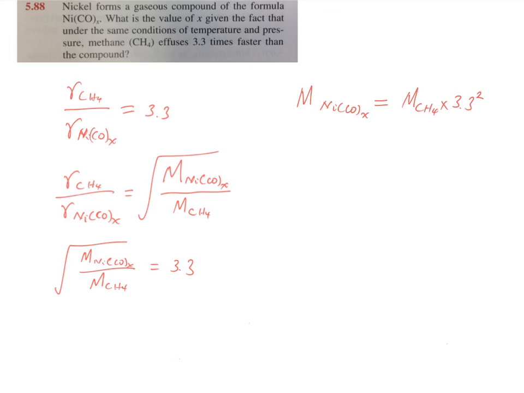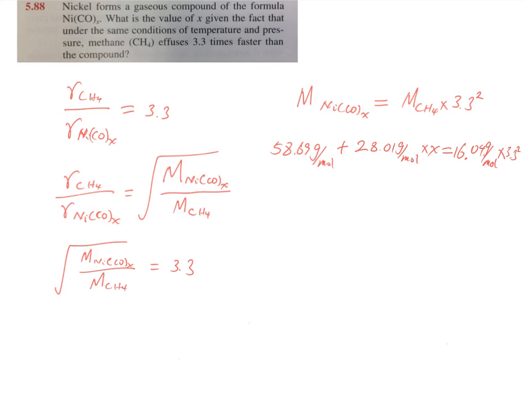And we also know that the molecular weight of this compound can be calculated based on the atomic weight of nickel and the molecular weight of CO, which gives us 58.69 grams per mole for nickel, and 28.01 grams per mole for CO times x, equal to 16.04 grams per mole times 3.3 squared.